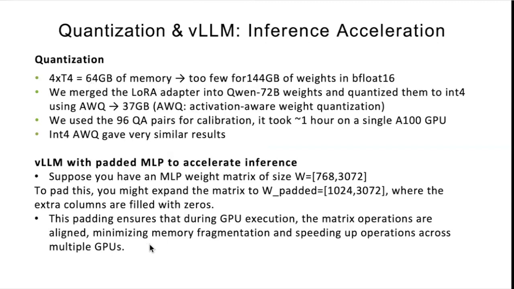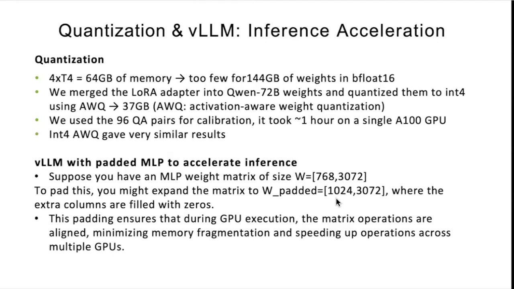The second is about how to accelerate the inference by fully utilizing the distributed 4 GPUs over there. So they use vLLM, a kind of virtual LM, by basically padding the multi layer perceptron layer to a power of 2, right?